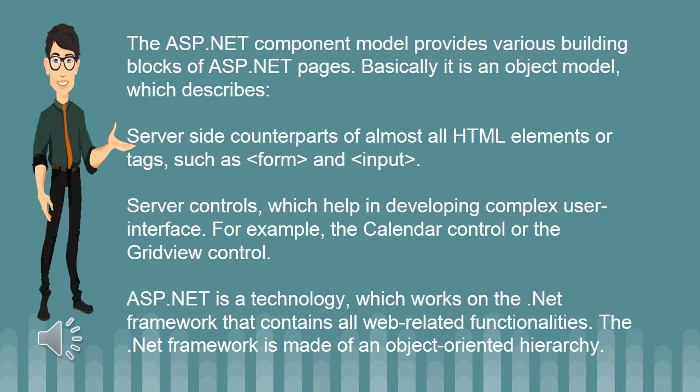The ASP.NET runtime transforms the ASP.NET page into an instance of a class, which inherits from the base class Page of the .NET Framework. Therefore, each ASP.NET page is an object and all its components, that is, the server-side controls, are also objects.